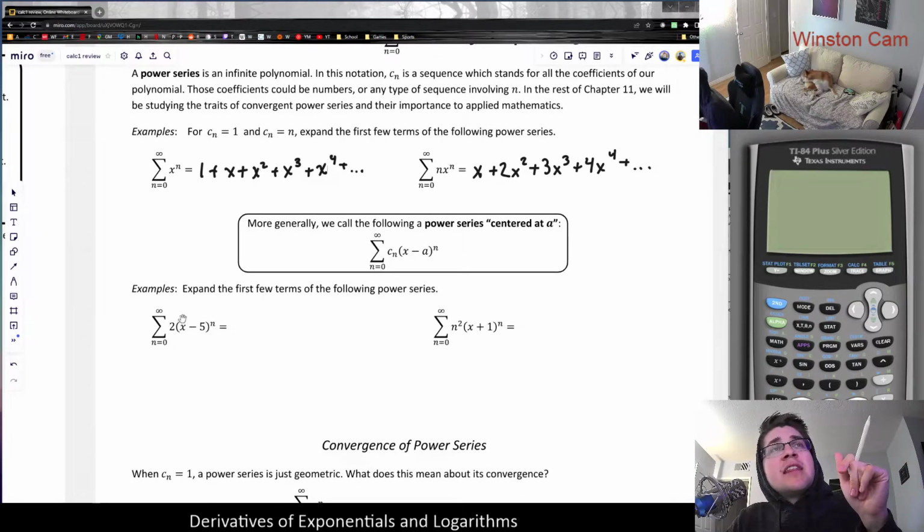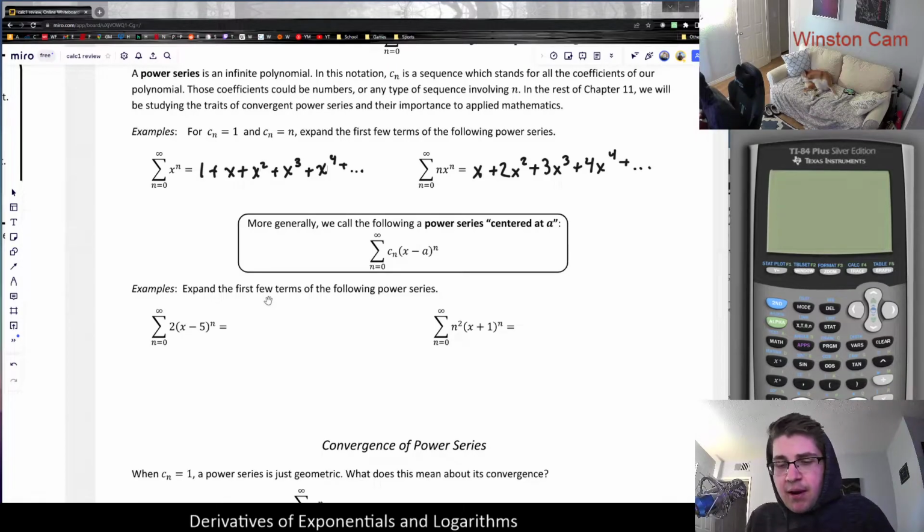So let's look at this particular power series, which we would say is centered at 5, the root of the binomial, to the particular power. In this case, we have a coefficient of 2, and we would be multiplying by consecutive x minus 5 to the particular power. The first term would be x minus 5 to the 0, which would just be 1, so the first term would just be 2.